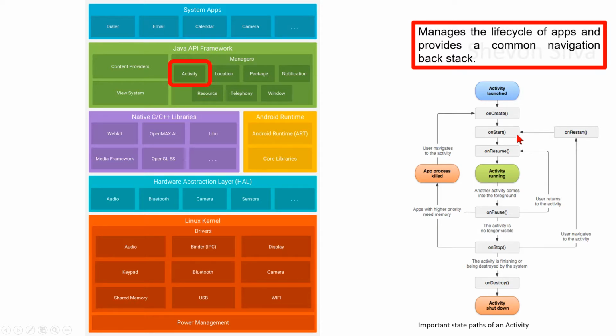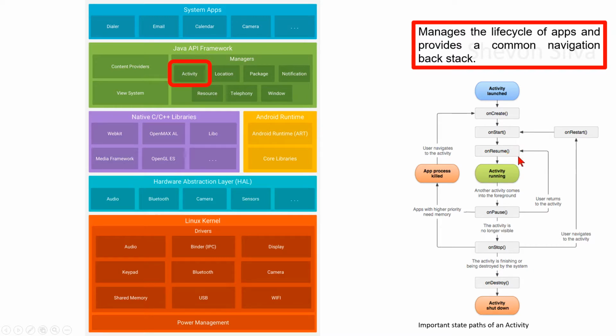So we move to onStart. It's called when the activity is becoming visible to the user, followed by onResume if the activity comes to the foreground, or onStop if it becomes hidden.